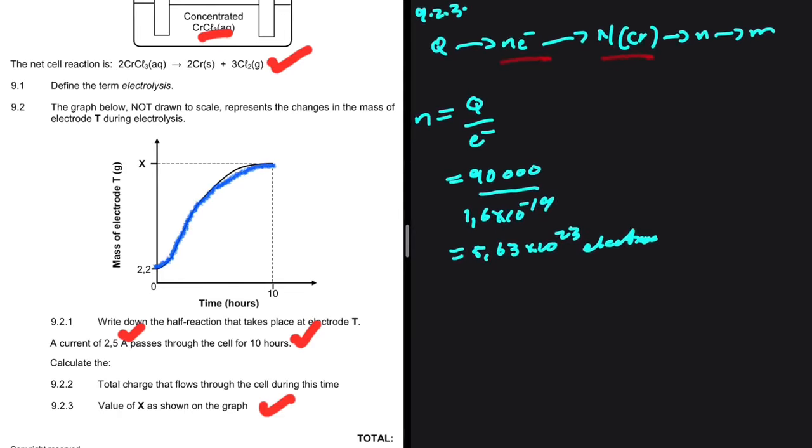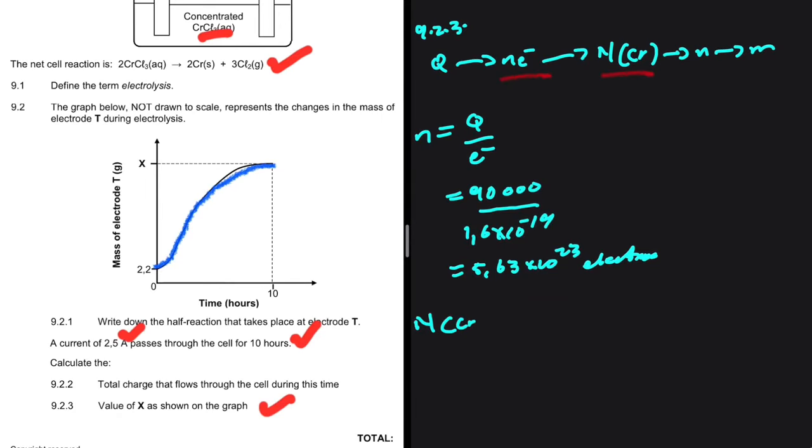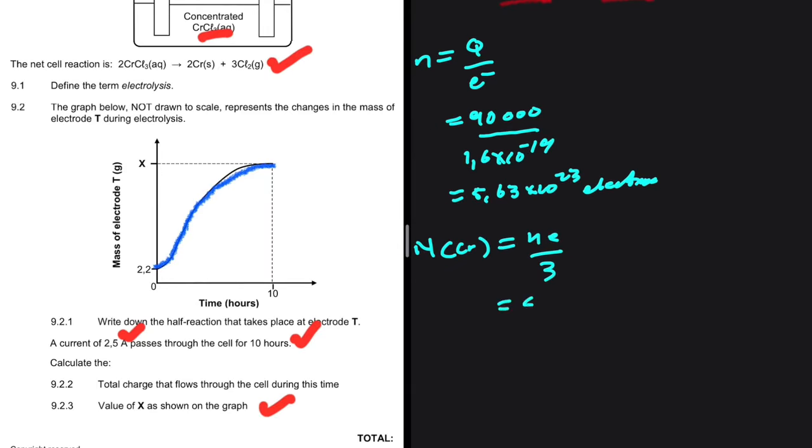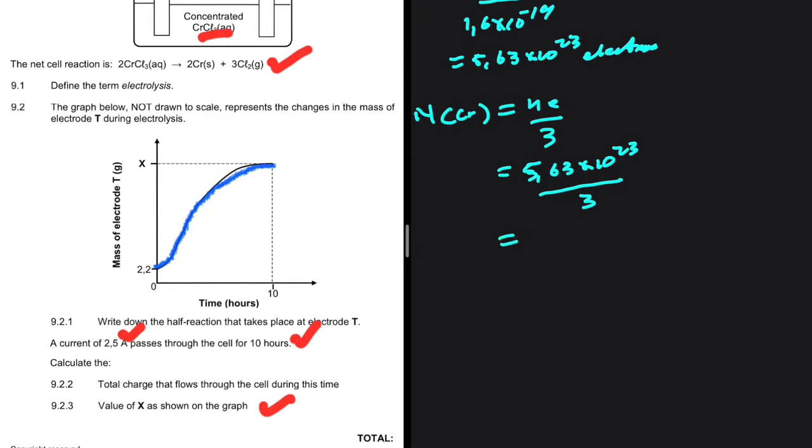So the number of atoms of chromium is equal to the number of electrons divided by 3. We're going to have 5.63 times 10 to the power 23 divided by 3. If you put that in your calculator, you're going to get 1.88 times 10 to the power 23 as the number of atoms of chromium.